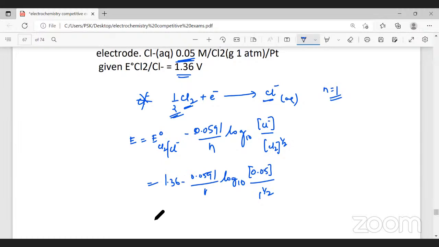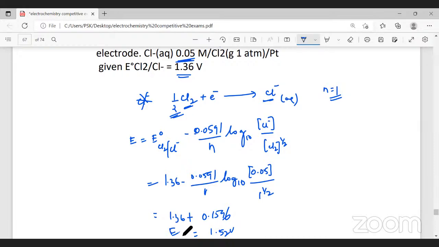On simplification, the answer we will get is 1.36 minus, not minus, we will get plus. When you simplify, you will get plus 0.1596. This part, if you simplify, you'll get plus 0.1596. Totally, the potential will be 1.52 volts.